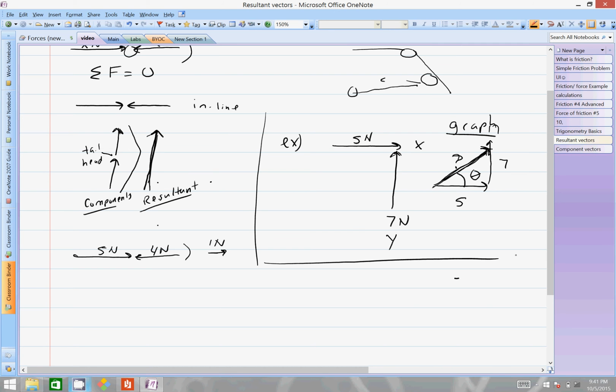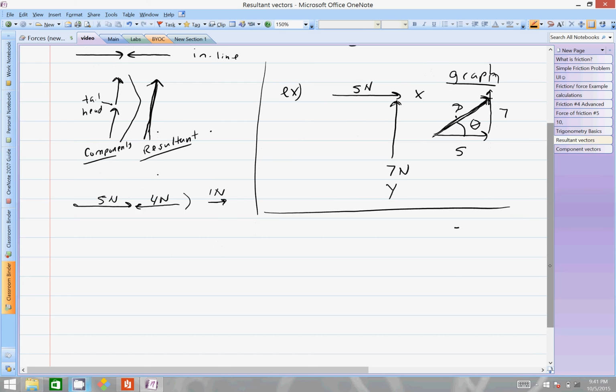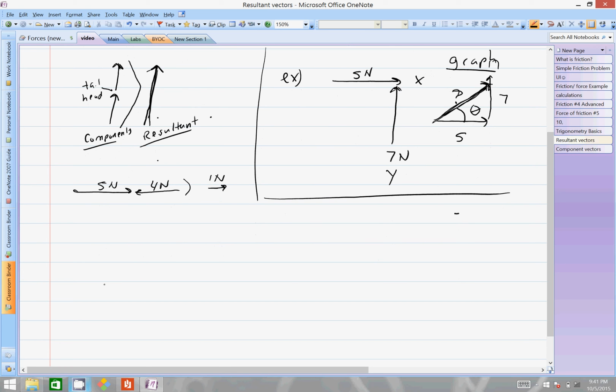Now, mathematically, how do we go about figuring this out? If I have a triangle in which the y component is 7 and the x component is 5, I have a right triangle. How do I figure out this value? I would use the Pythagorean theorem, which is a squared plus b squared equals c squared. This would be my a component, this my b component, and this my c component.